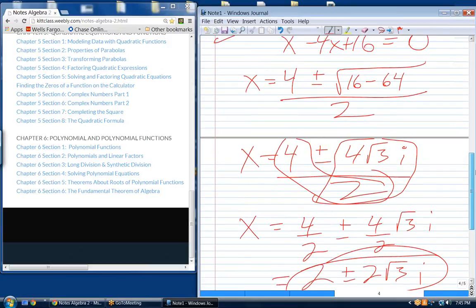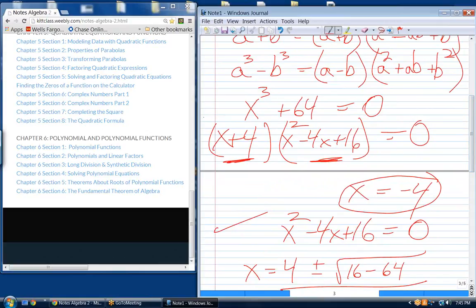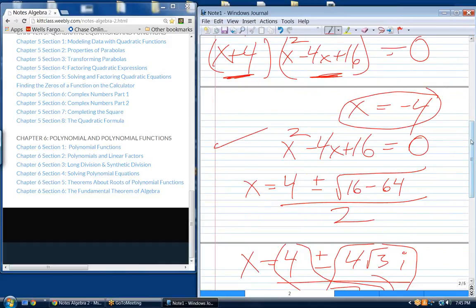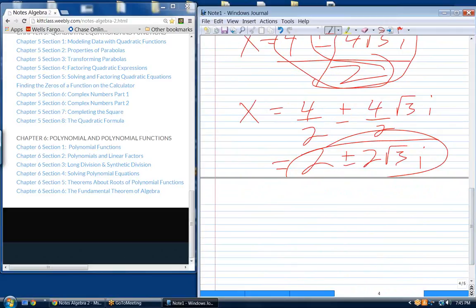Actually, that's the other two solutions. We had one solution, x equals minus 4. So there's 3 solutions, which you expect when you have a cubic. In other words, x cubed plus 64 equals 0 is a cubic. We expect 3 solutions. We got one real solution, x equals minus 4, and we got 2 complex solutions. The 2 plus that and the 2 minus that. And complex solutions always come in pairs.